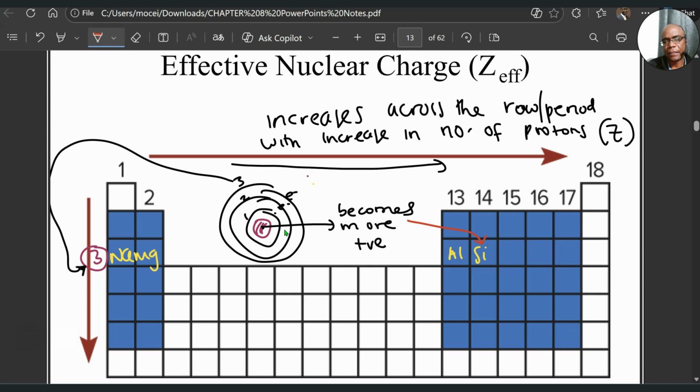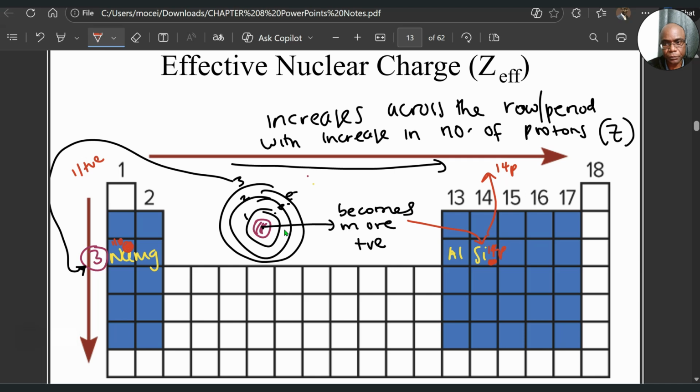Silicon has 14 protons, sodium has 11 protons. So you can say sodium has 11 positives, silicon would be taken to have 14 positives. So that's why silicon is going to be smaller compared to sodium, which is going to be bigger.